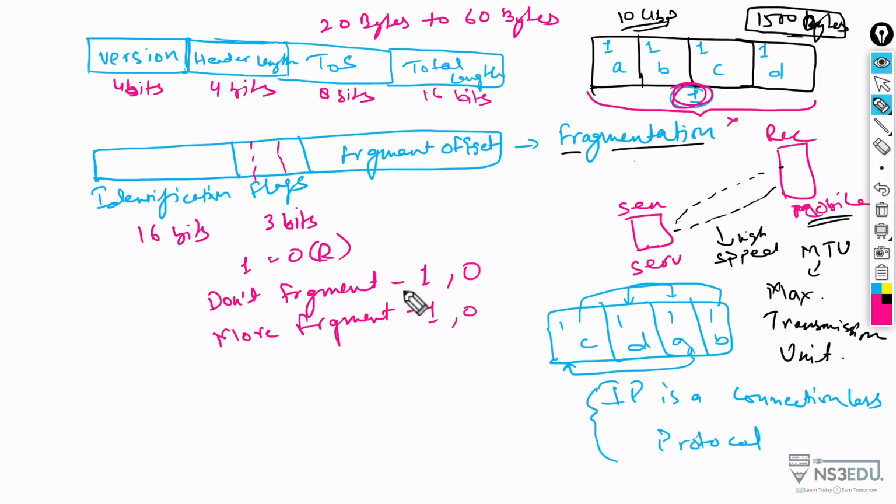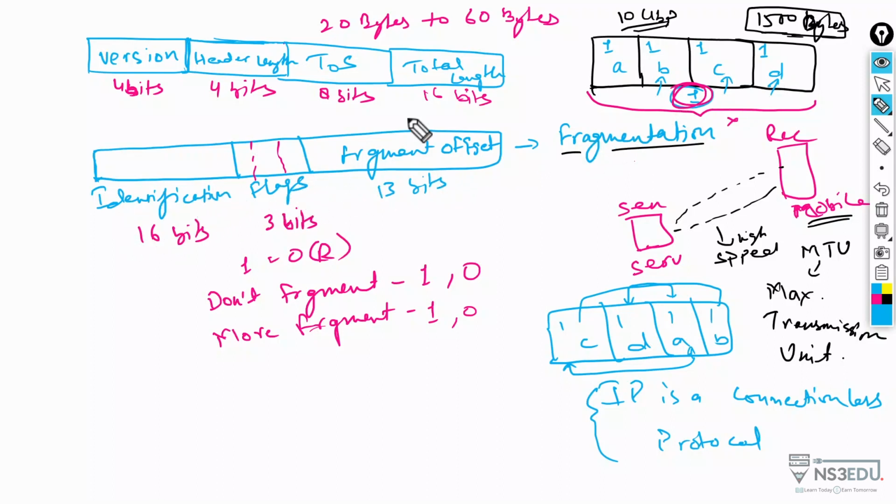These are the 3 fields here. After that comes the 13-bit fragment offset. This is also used to identify that A is first, B is second, C is third, D is fourth. So we have 3 fields: identification, flag, fragment offset.